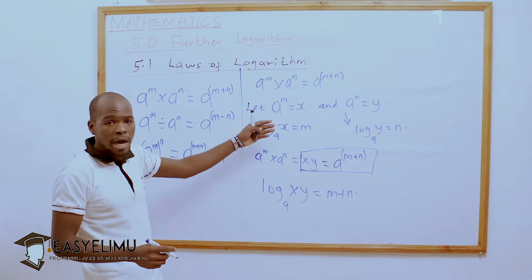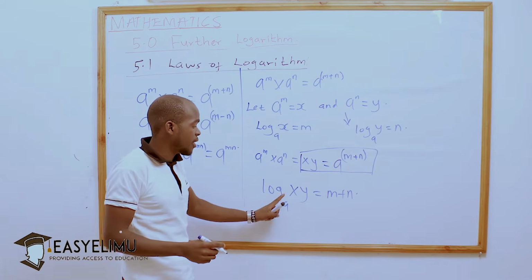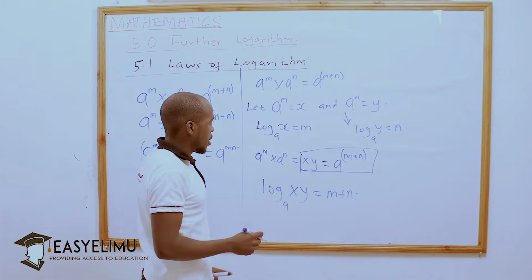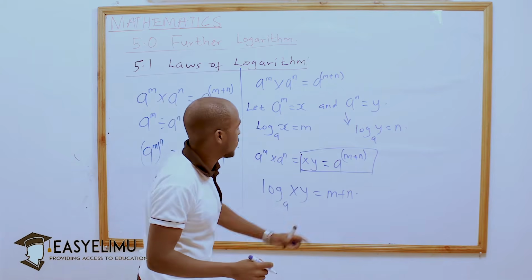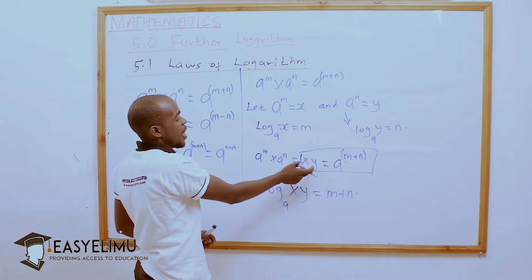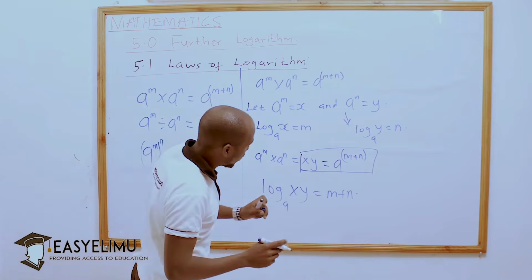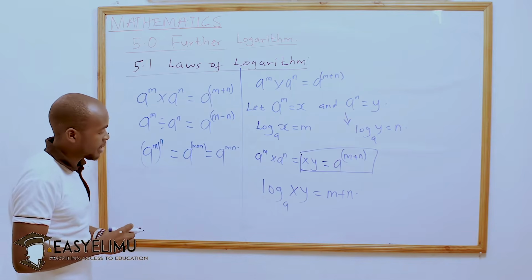Remember how we have worked out and found that the logarithm of xy to the base of a is the same as that, since a^m multiplied by a^n is the same as xy, from what we have observed.